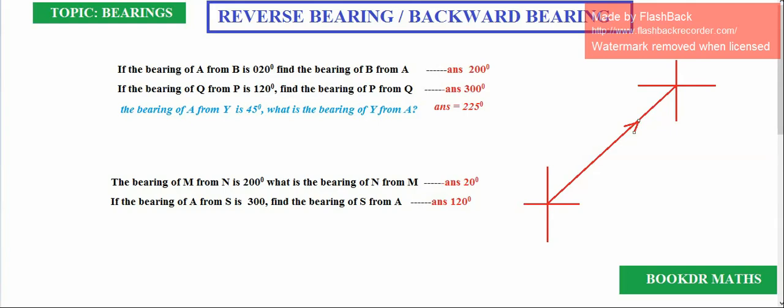Label the relative positions Y and A, where the angle is we call Y, whereas A will be at the other side. My angle is 45 degrees. I enclose the place with a neat arc, of course.